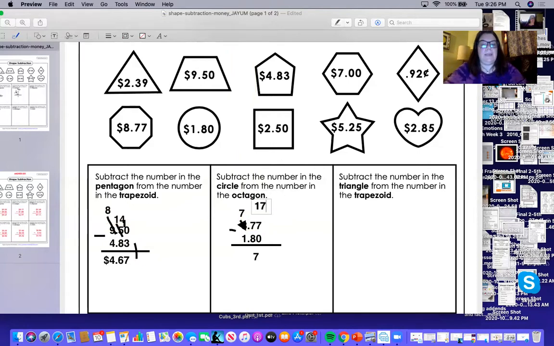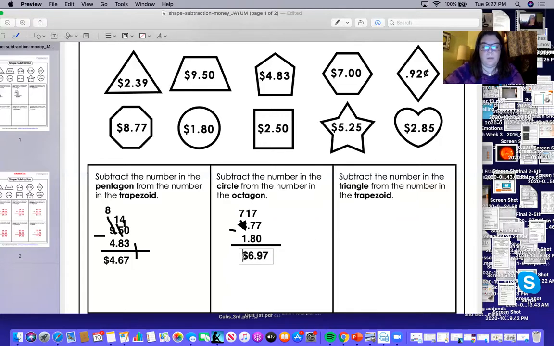So now we have 17 dimes. I'm not gonna try to cross out that 7. All right, so back to our subtraction. So 17 minus 8 is 9. Put our decimal. And we have $7 minus $1 is $6. There we go.